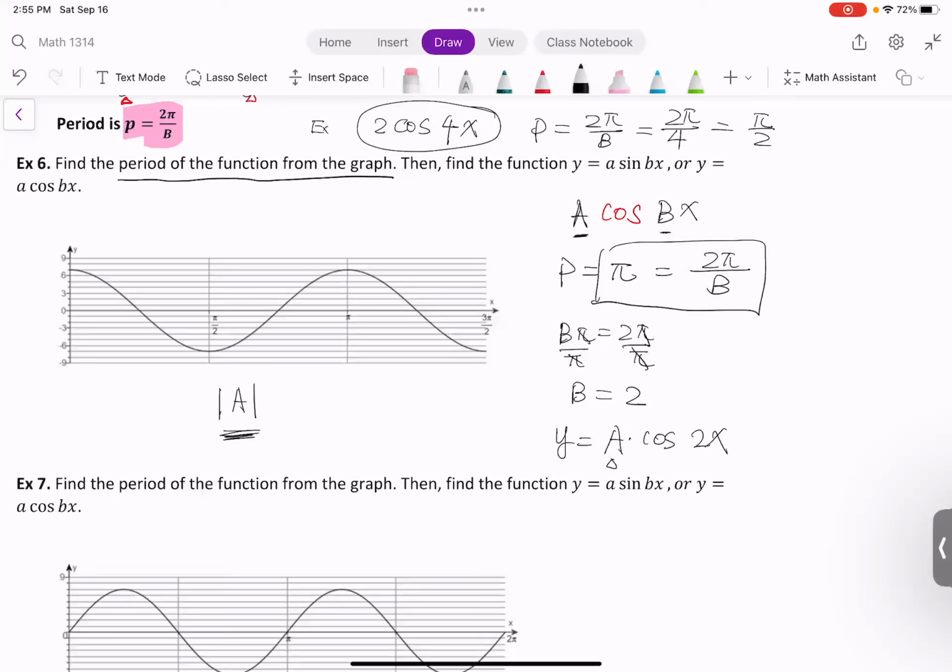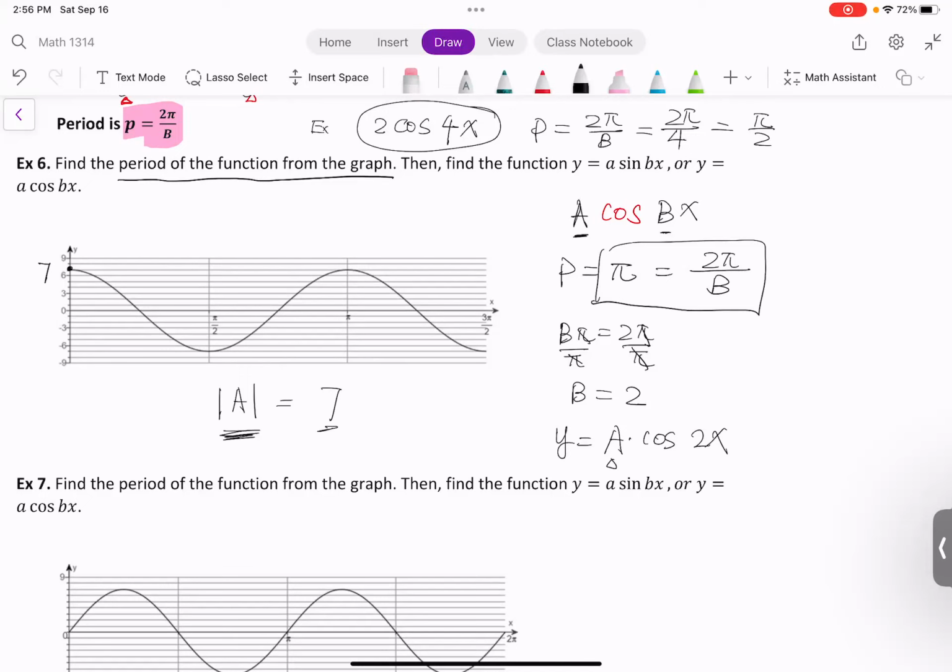For example, if a is positive 7, then the absolute value of a is 7, and 7 is the maximum. This point is 7. That means my a is 7.